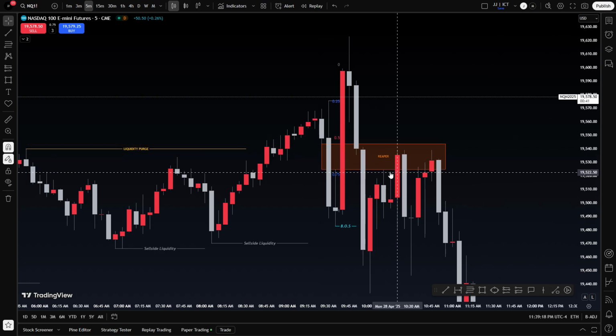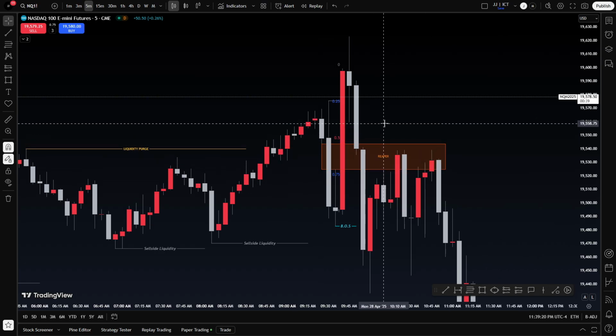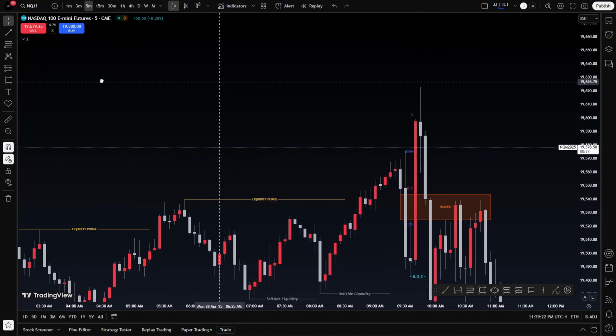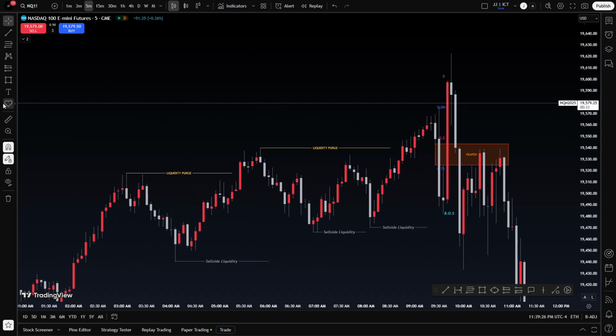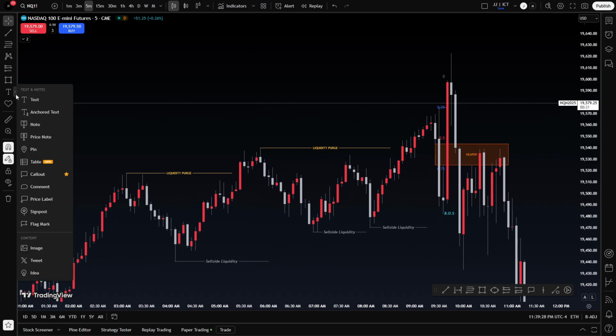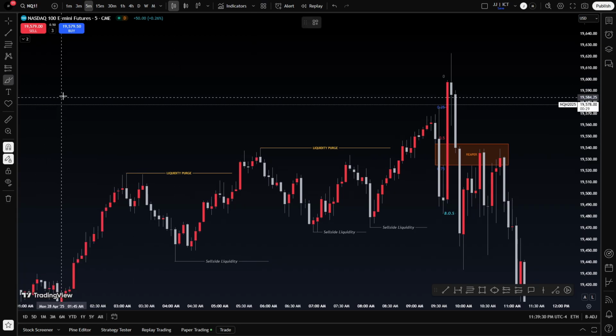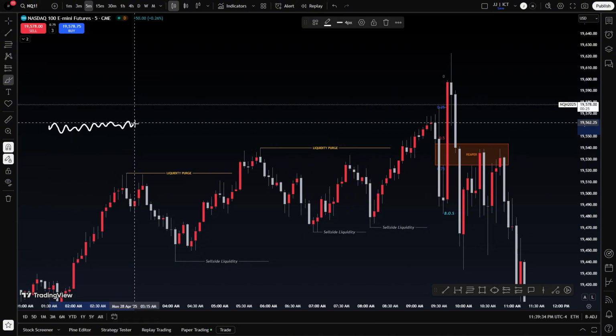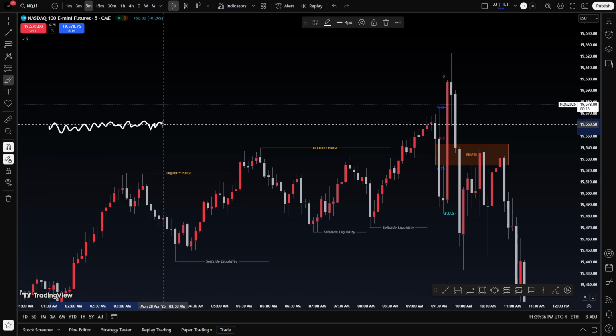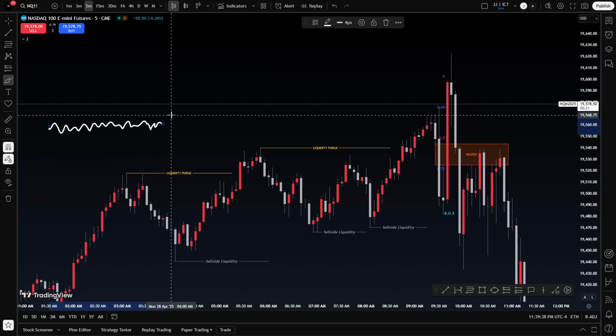And another thing I was going to say, normally, when you're taking a setup like this, like taking a power of 3 setup, let me draw this just so you can see it better. Let me draw it right up here. Normally, you will use the bottom of the accumulation, or the accumulation range's accumulated liquidity, as your target.